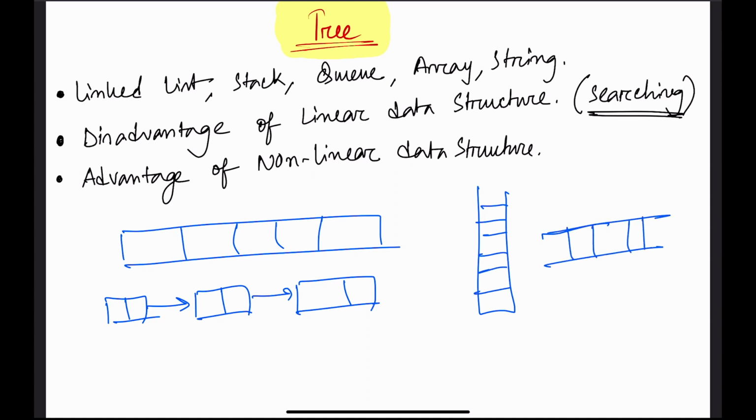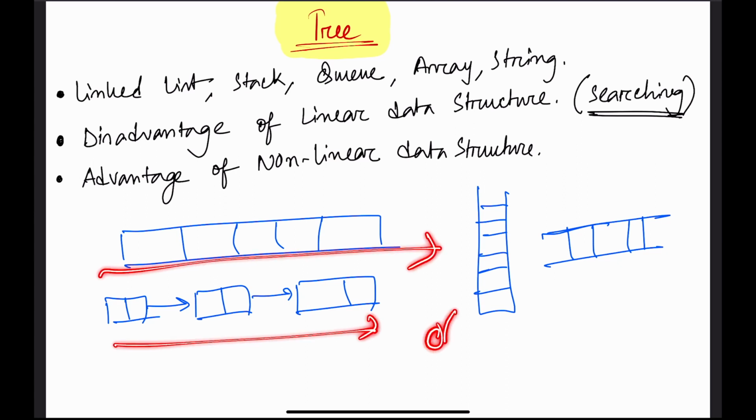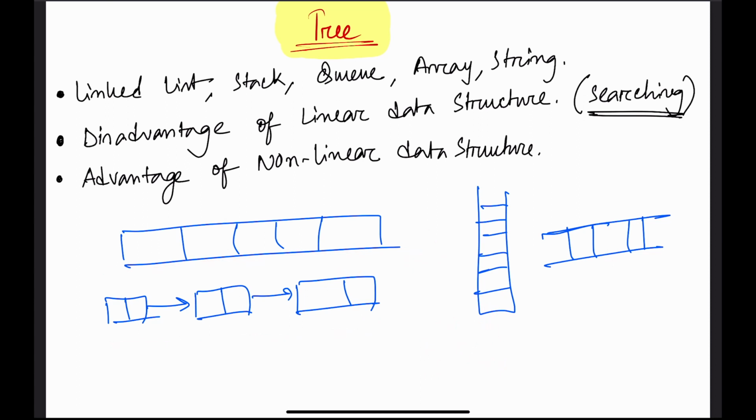So what are the disadvantages here? When you start searching for an element, you need to go through from front to end, which takes O of n time complexity.